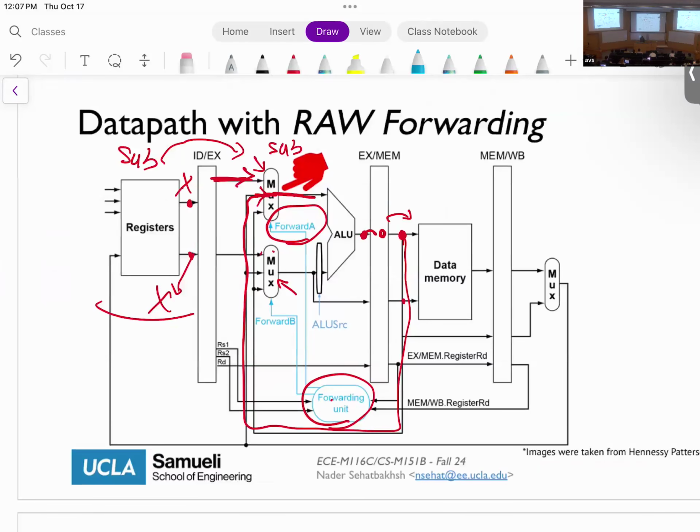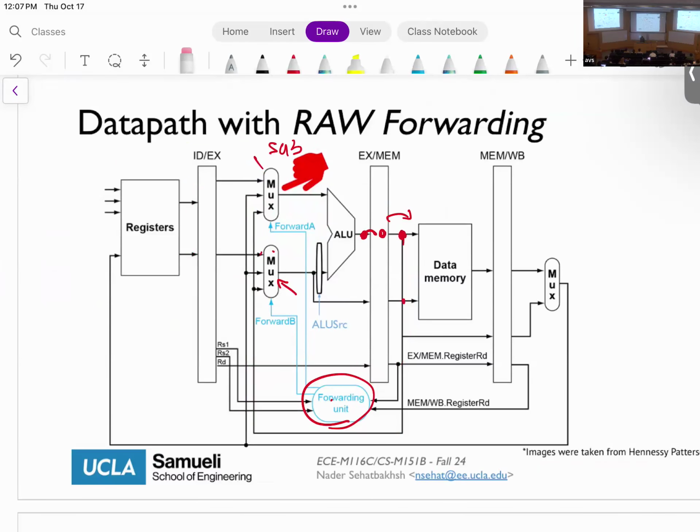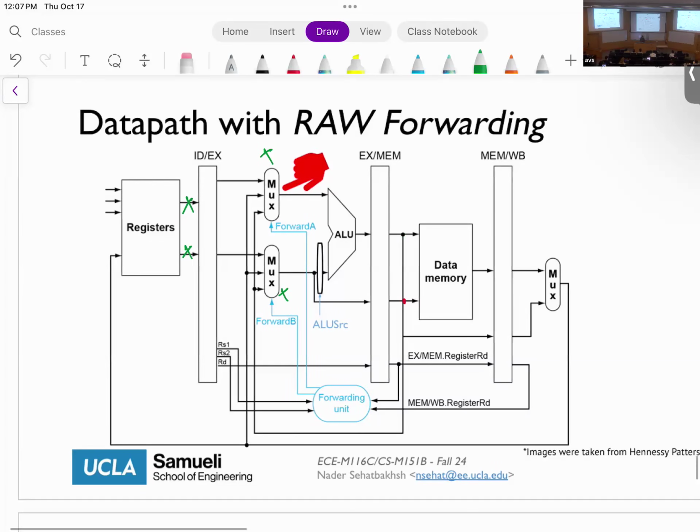Essentially, all we need to do is add these 2 multiplexers here, this multiplexer and this multiplexer, in order to override what we have read here. In the original design, we read things from the register file, feed it into this register here, and then connect that directly into my ALU.